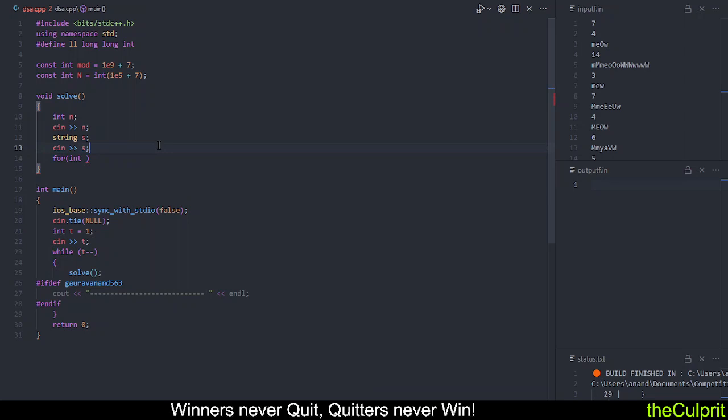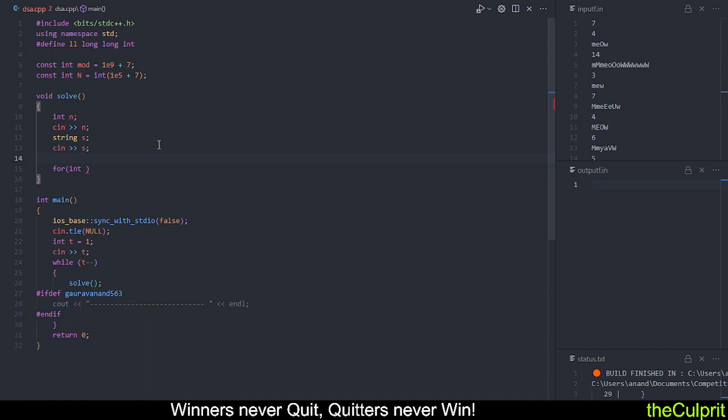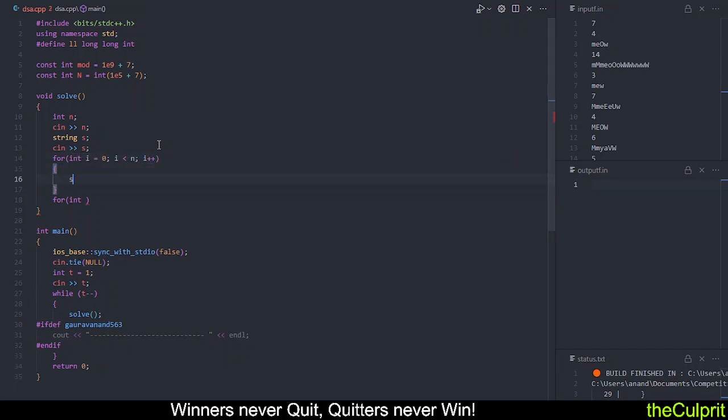Okay, I can convert s to lowercase. I believe there is a function for it. So maybe I can just write it as s of i equals to lower of s of i, and reassign it to s of i.